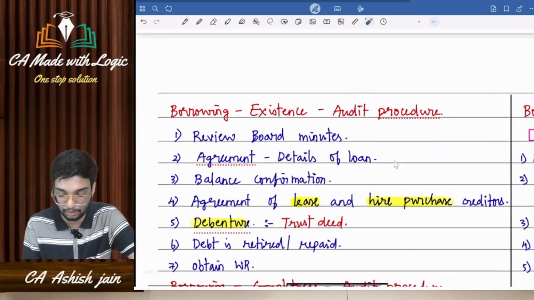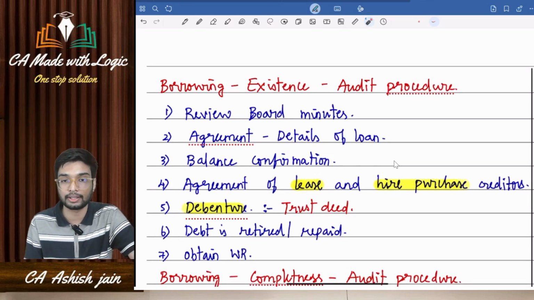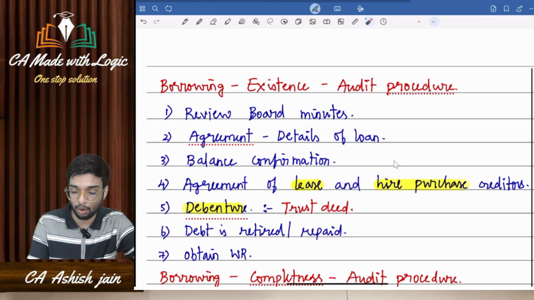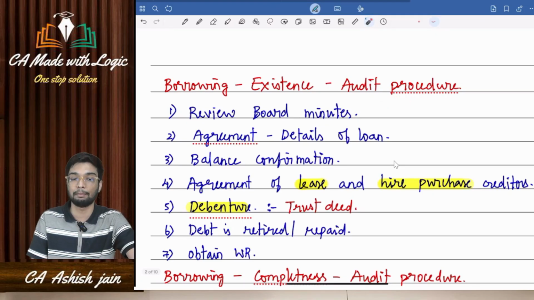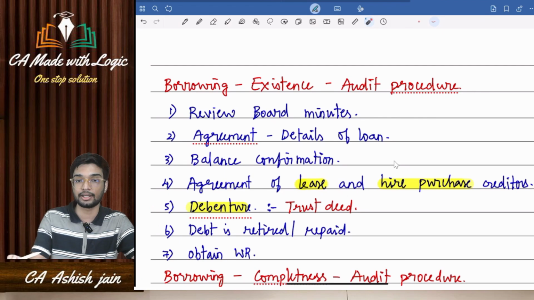Beautiful flow is there. Whenever a company wants to borrow capital from a bank or financial institution, first it will discuss with the board of directors. So first the auditor will review the board meeting minutes. Then he will get the agreement related to the loan.